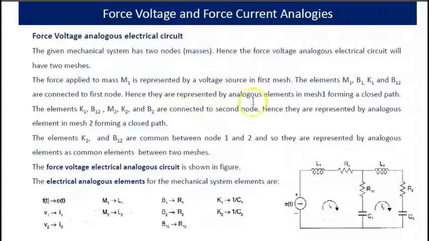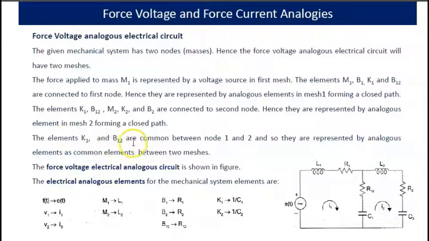Hence they are represented by analogous elements in mesh 1, forming a closed path. The elements K1, B12, M2, K2 and B2 are connected to second node. Hence they are represented by analogous elements in mesh 2, forming a closed path.